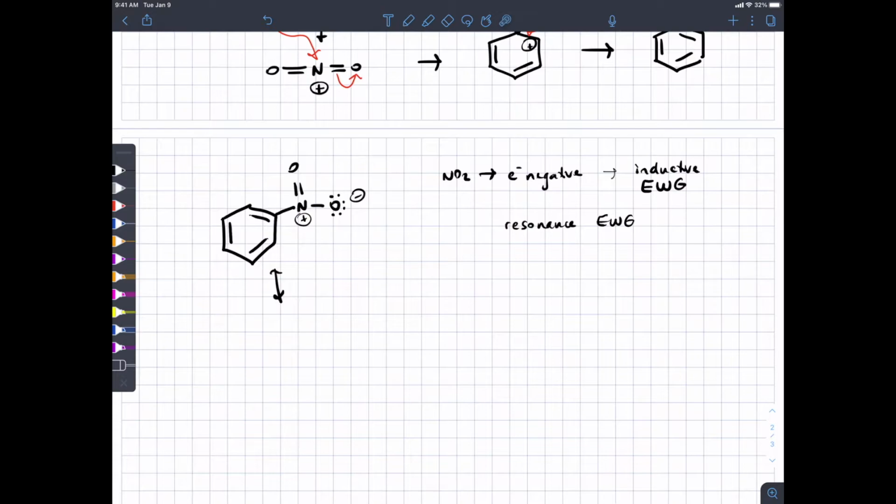Well, this can happen anytime you have the thing that's bonded to the benzene ring also involved in a pi bond with an electronegative atom. When that occurs, it's very easy to draw a resonance structure in which I actually pull electron density out of the ring and out onto the nitro group.